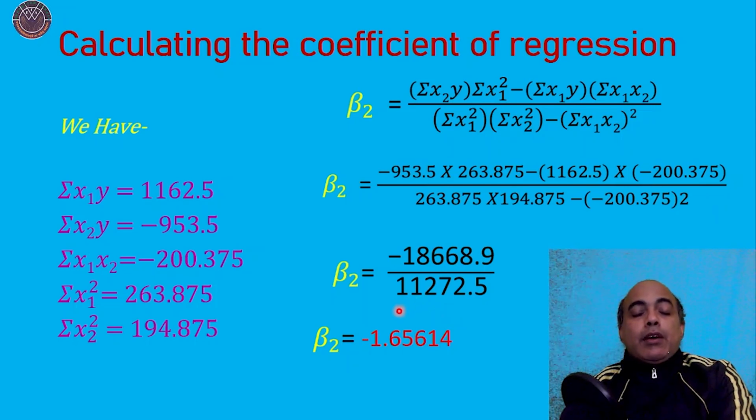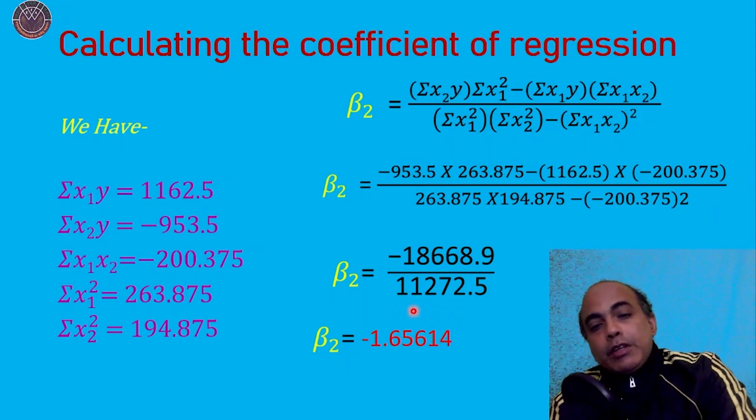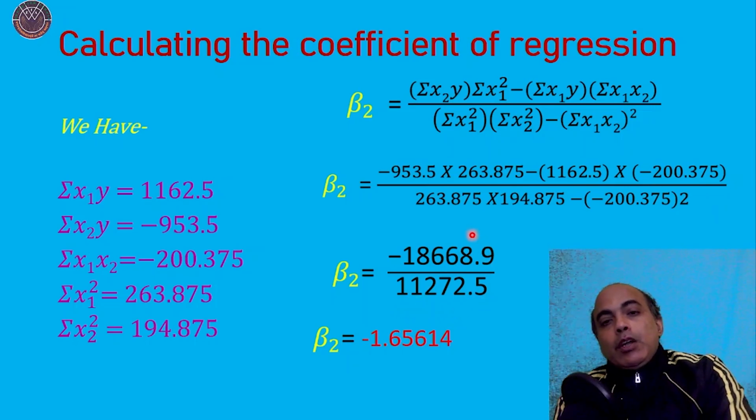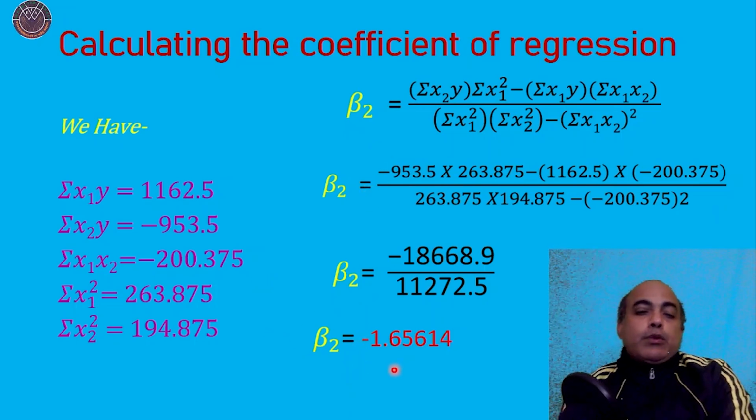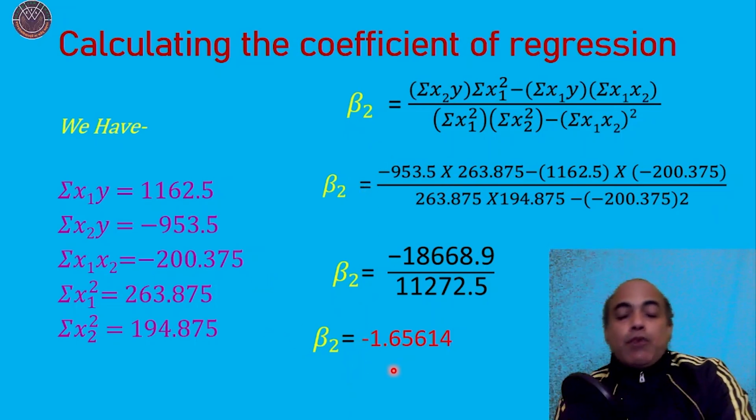When we were calculating that one, the denominator was the same and only the numerator is different. We just have to interchange x2 and x1, and then you get the beta 2 equation. After substituting the values, we have got beta 2 as minus 1.65614.